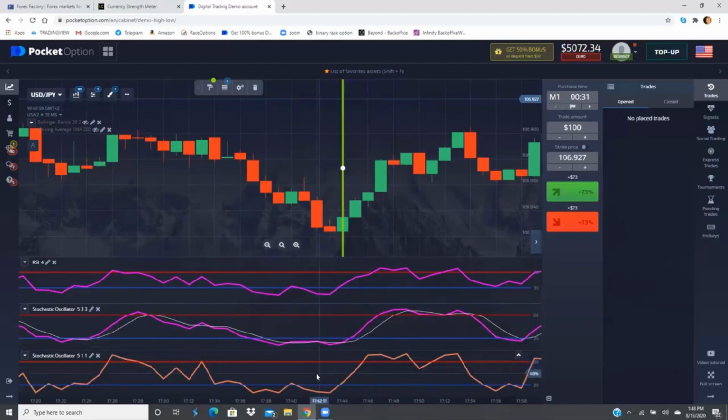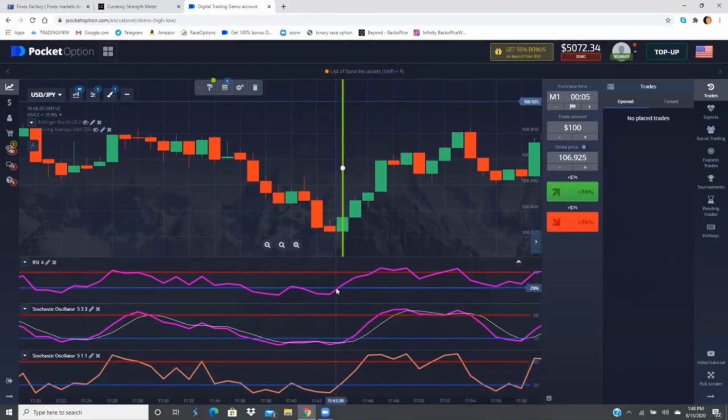And then lastly, the 5, 1, 1 stochastic oscillator at the bottom, we have this line and it was oversold, right? And we wanted to wait for the buy. What did it do? It turned, it hit this blue line for indication for the buy. So in this instance, all the indicators down here are lining up with each other.